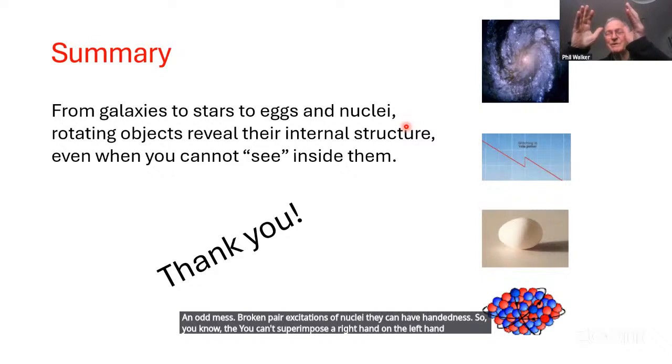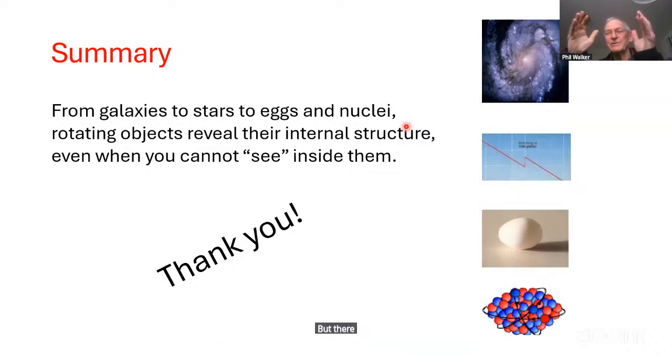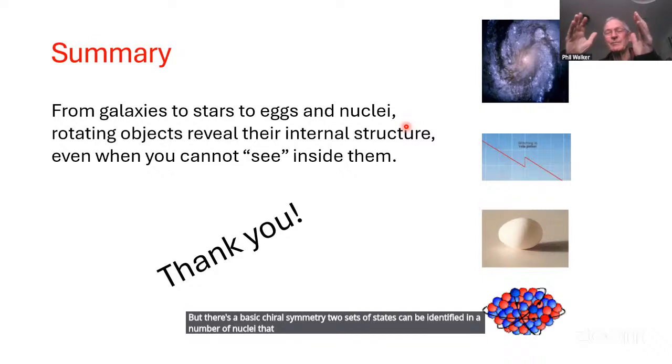They're mirror images of each other, and so their rotations can be different, especially if there's interactions between the different states. But there's a basic chiral symmetry. Two sets of states can be identified in a number of nuclei that seem to represent the handedness of the rotation. So there must be other things you may have in mind, something I haven't mentioned.